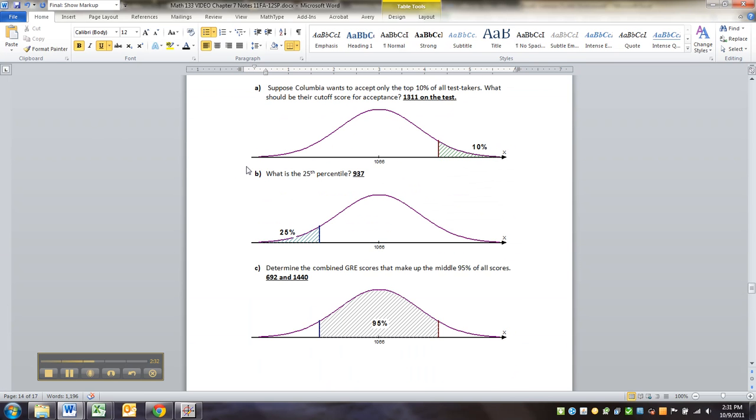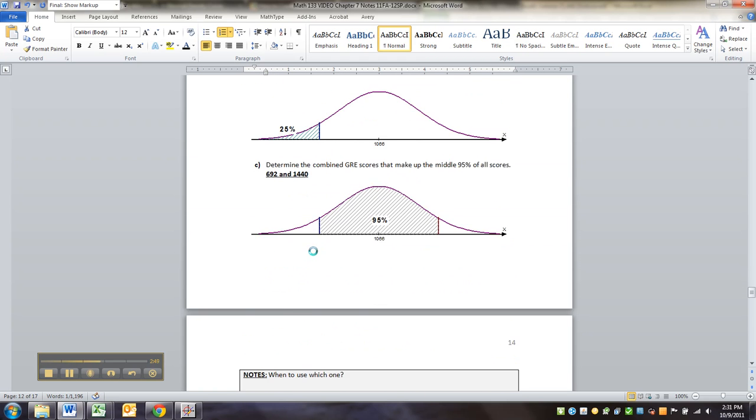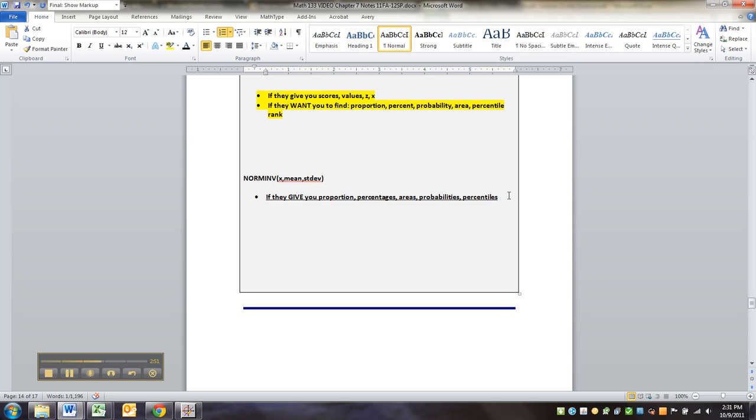Percentile means, here, when they say what is the 25th percentile, they're giving you a percentage, 25%. Up here, they're saying what's the percentile rank of 1100, meaning the score is 1100, what percentage is below it? It's like they're reverses of each other. So when they give you percentiles, then you're using norm inverse.